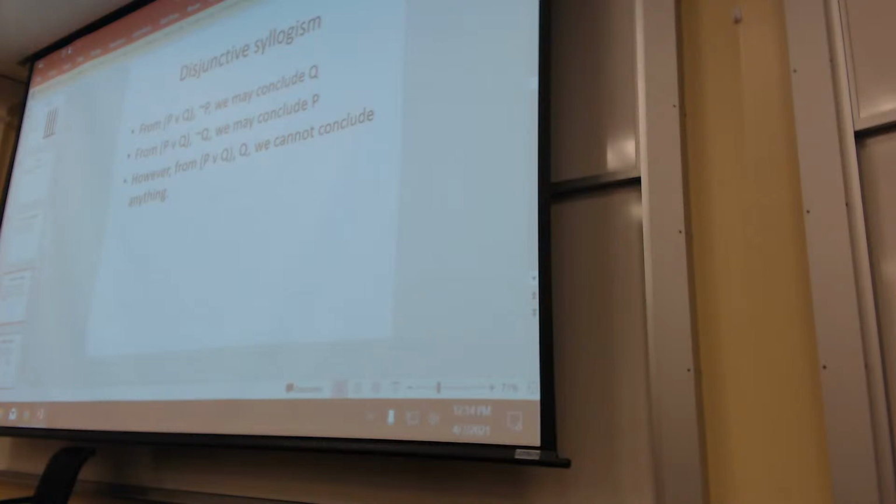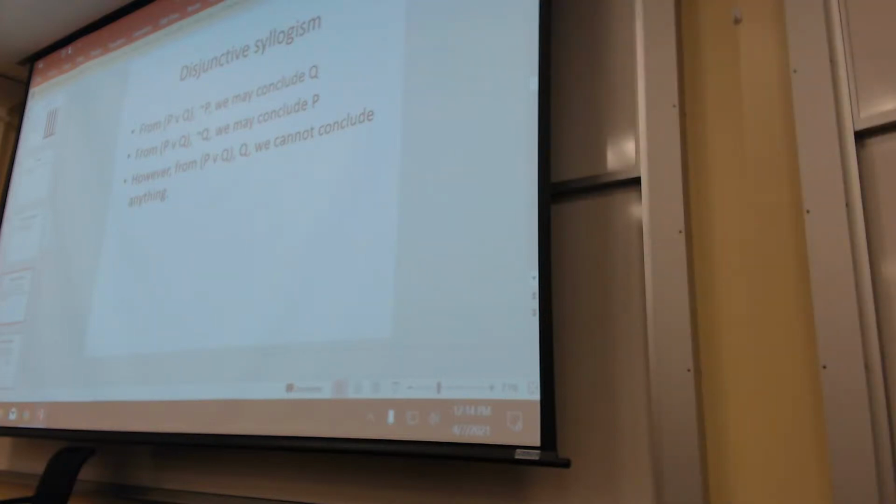So if this says either not A is the case or not B is the case, we need the opposite. The opposite here would be A. Well, then we infer out not B. So either not A is true or not B is true, but we know A is the case. A is the opposite of not A. You can cross those A and not A out. We're left with the not B, and not B must be the case.